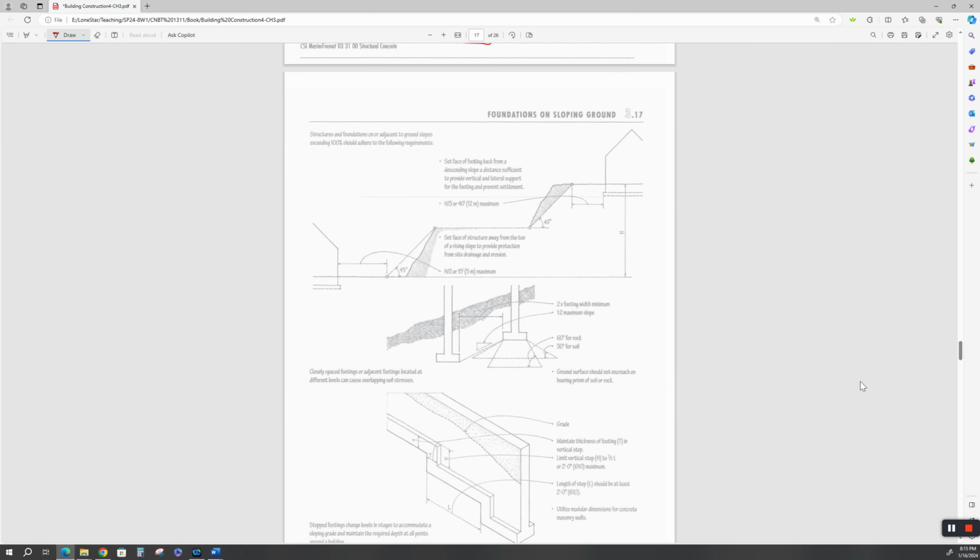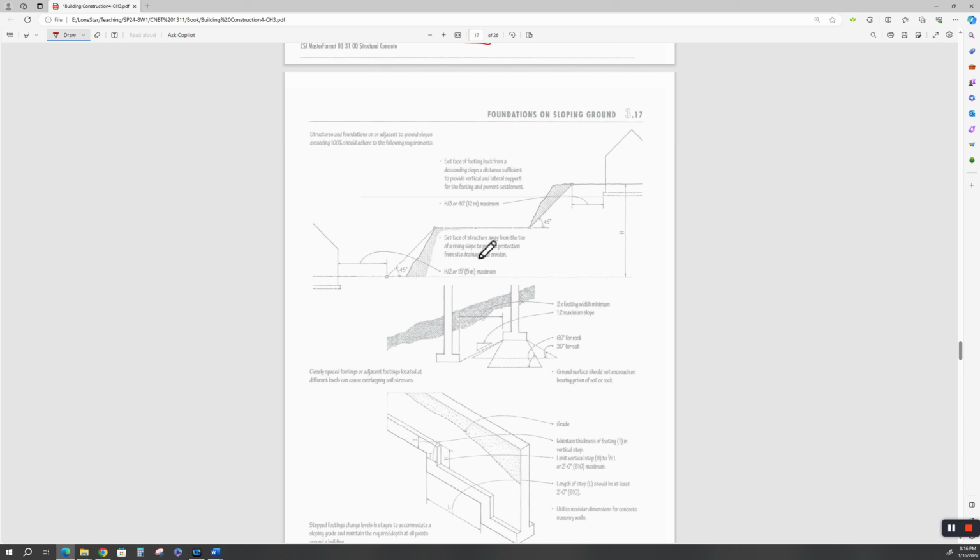All right. Foundations on sloping ground. This shows a 45-degree angle of repose.